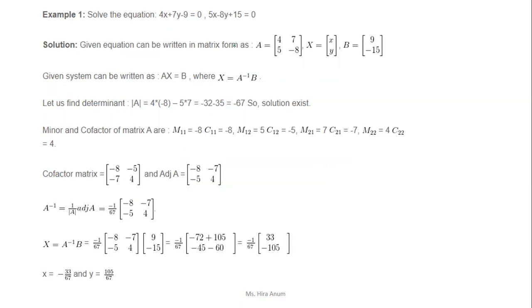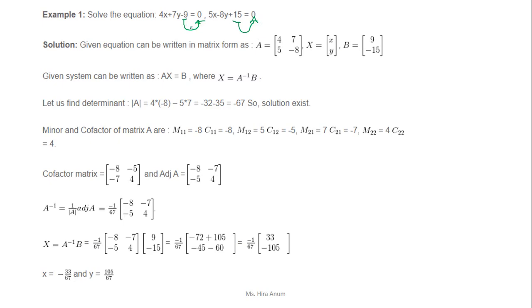You can see these 2 examples. This one equals 0, the B values are 0 here, but you can see this minus 9 and 15. These are the constants you take from left to right, then the B entries will not be 0, so it is non-homogeneous.